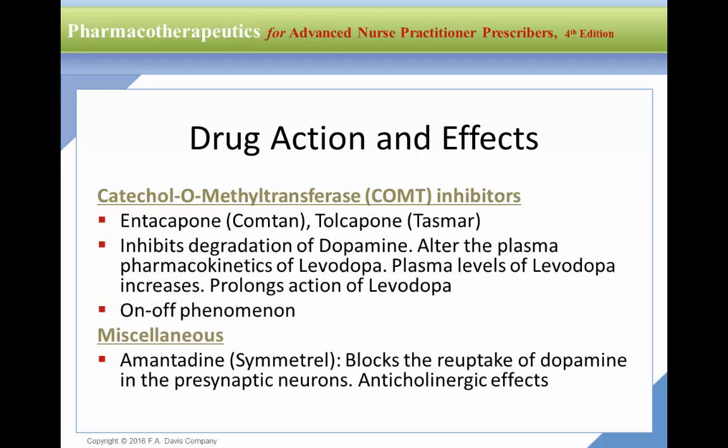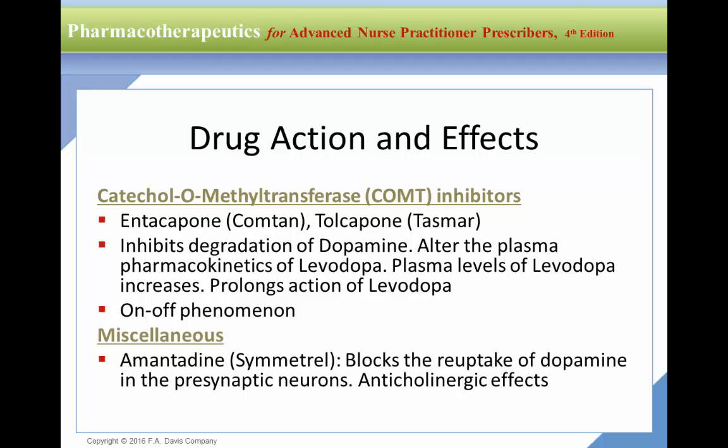In addition, you could use catechol-O-methyltransferase inhibitors. Remember, this is the enzyme that breaks down the dopamine. So basically it inhibits the degradation of dopamine at the level of the synapses. It does also have the on and off phenomenon. Eventually the duration of on stays become shorter, and wearing off happens sooner than when the person takes a dose of low levodopa.